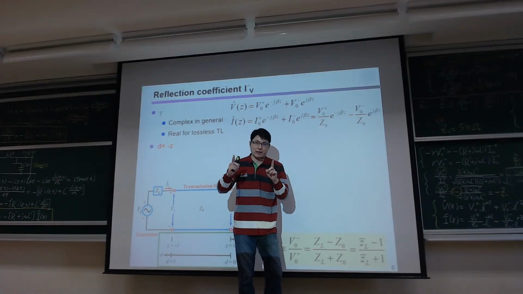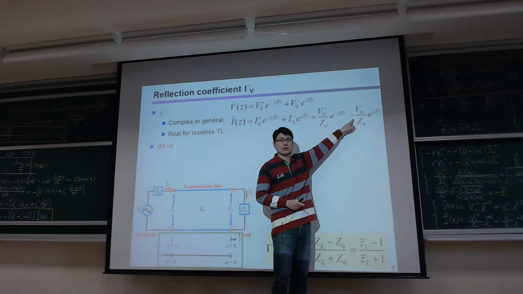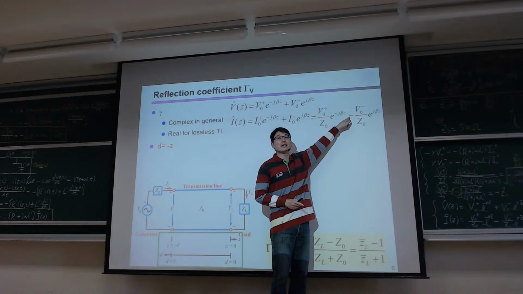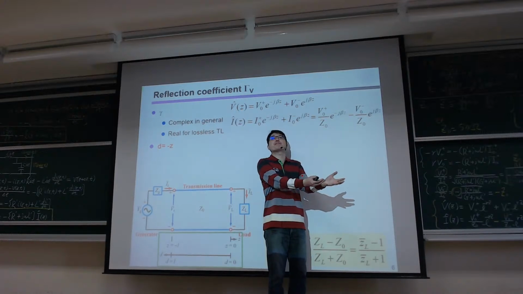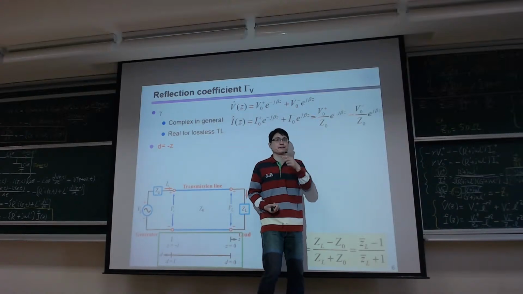Again, be careful. For the reflected current amplitude, it takes on a negative sign because you're sending the power back to the generator. It needs to have a negative sign.